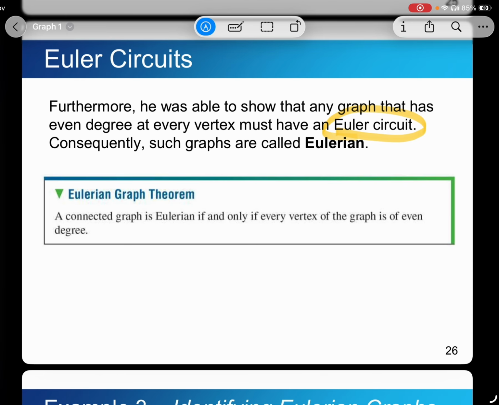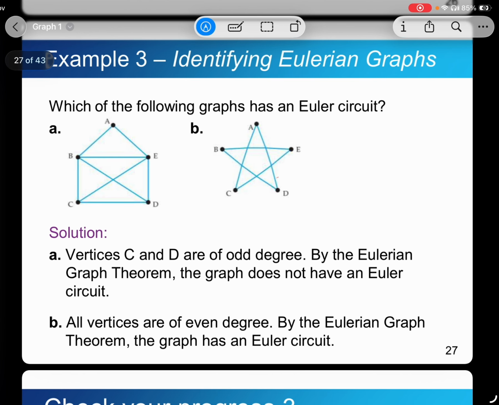Such graphs are called Eulerian. So this is the Eulerian graph theorem: a connected graph is Eulerian if and only if every vertex of the graph is of even degree.